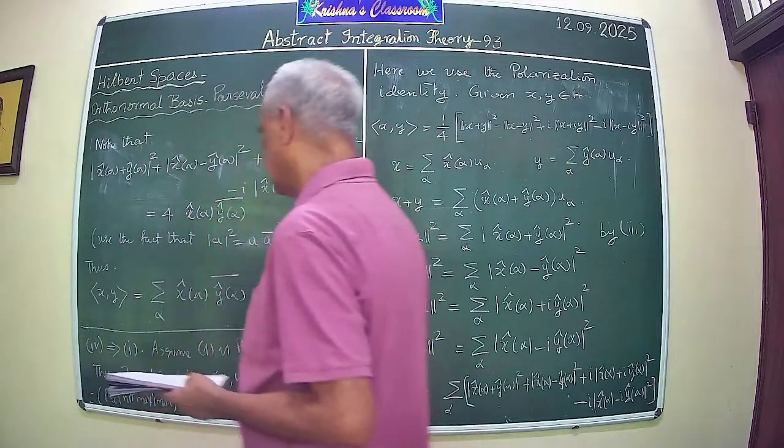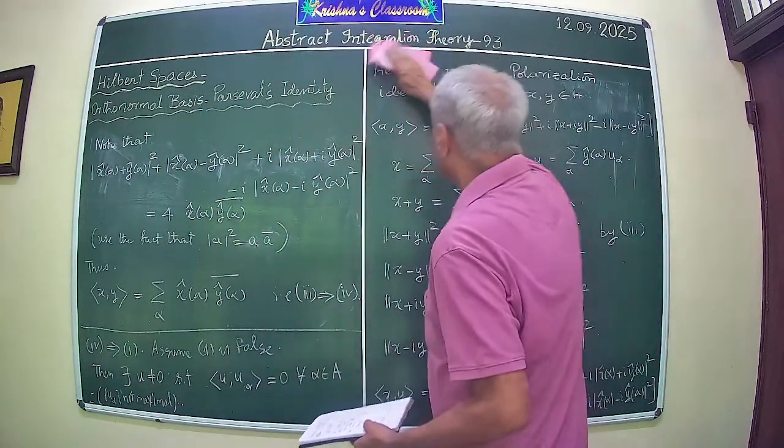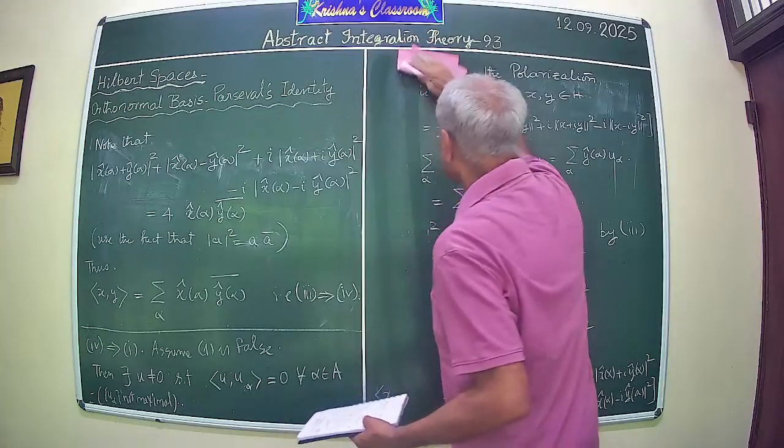So there exists a u not equal to 0. What is the consequence of that?